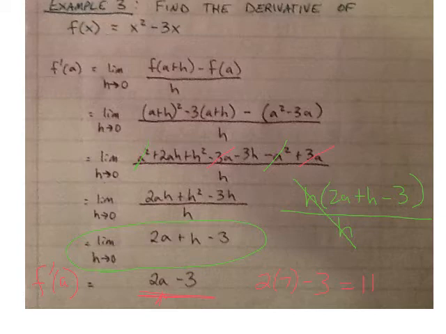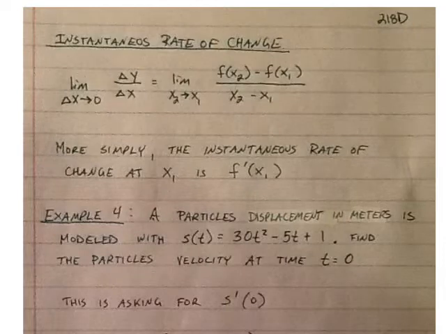We can apply this to instantaneous rate of change, because the derivative is just another way of saying instantaneous rate of change, which we'll see in the next example. So instantaneous rate of change is when you take the limit as your change in x goes to 0 of delta y over delta x.